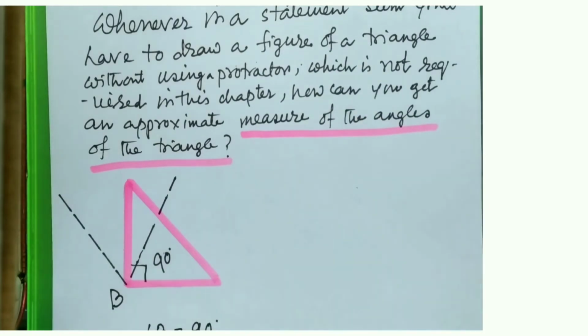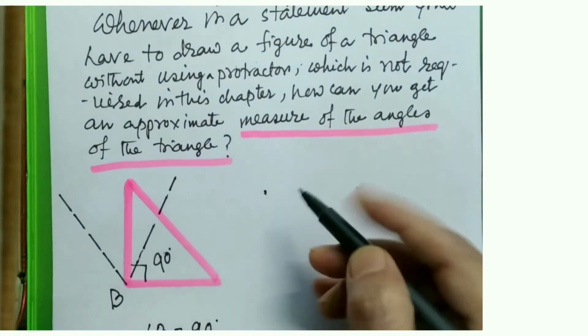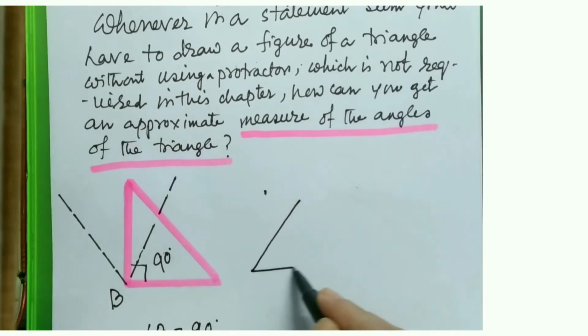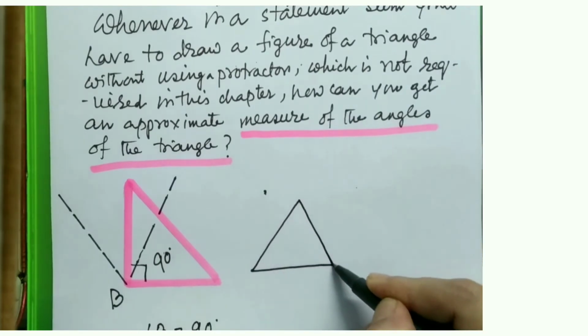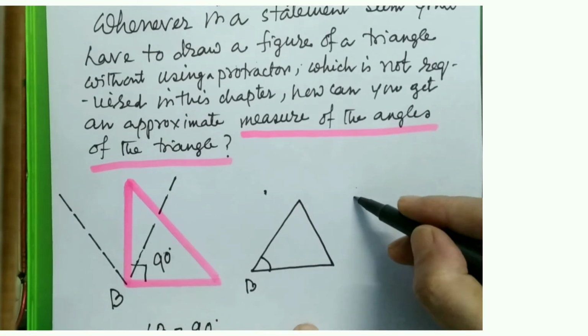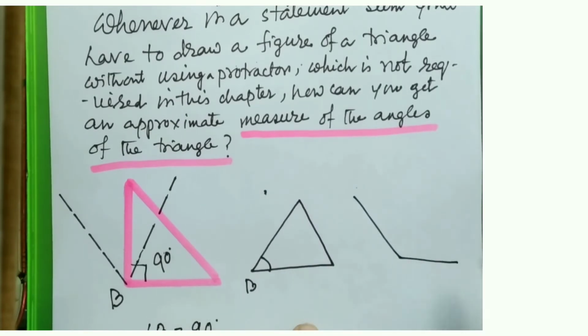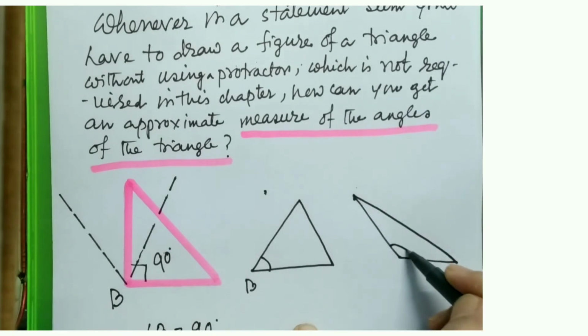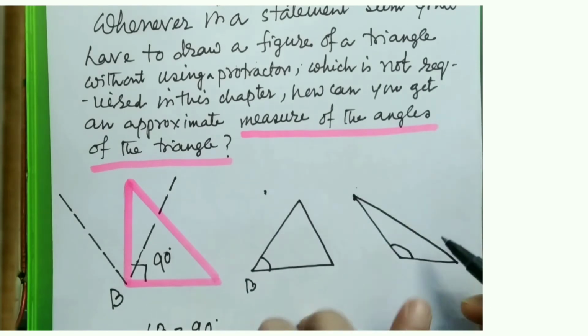Okay, so let me draw here. You see, if it is less than 90, then our angle B will be like this. This will be our angle B, which is less than 90. And if it is more than 90, then this will be like this. This one is 90, so if more than 90, then we will draw like this.